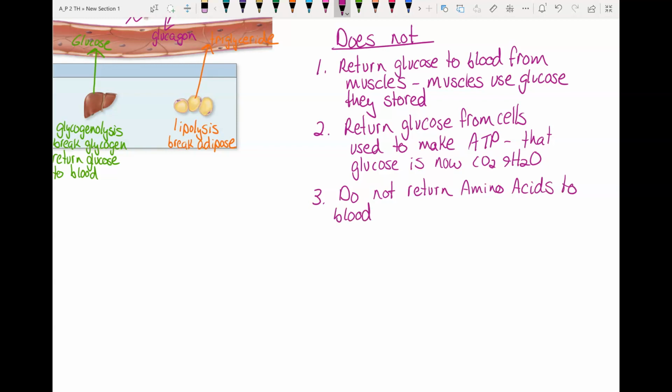It's because these amino acids are now part of the proteins of your body. And your body doesn't like to break down its proteins. You don't want to sacrifice these proteins you've built.